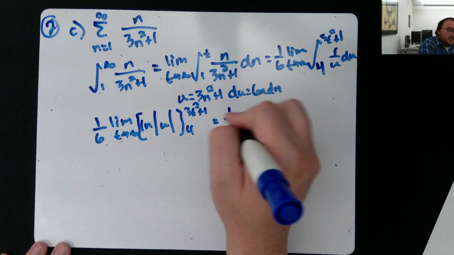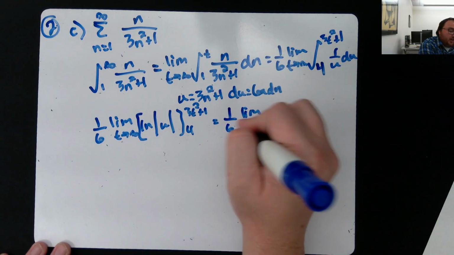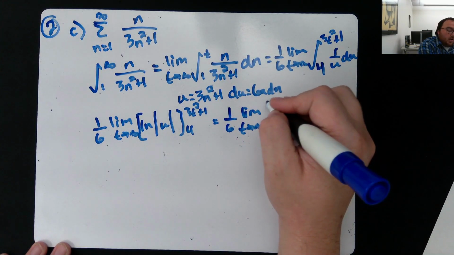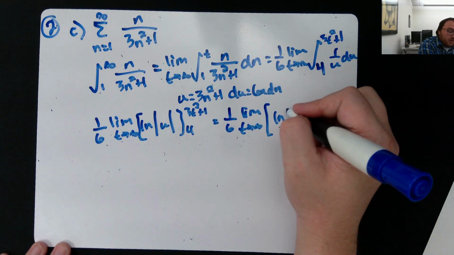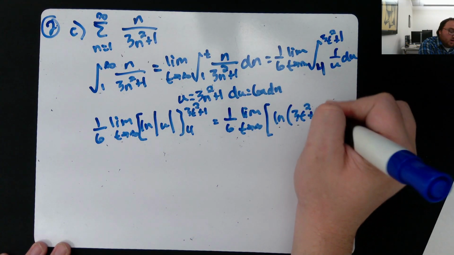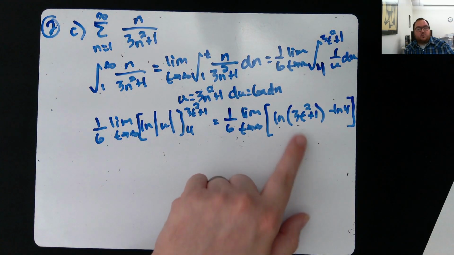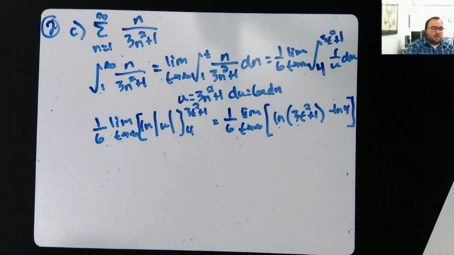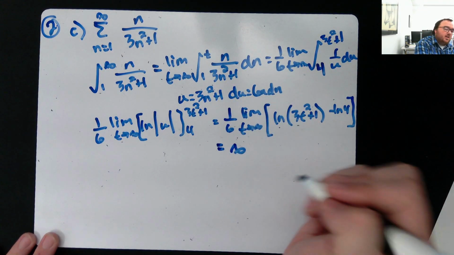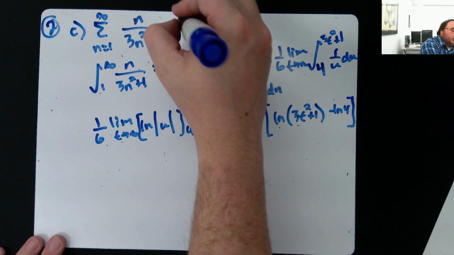So that's going to be 1/6 limit as t goes to infinity of natural log of 3t squared plus 1 minus natural log of 4. As t gets really big, this whole thing gets really big. So this is equal to infinity, which means this series is going to diverge.